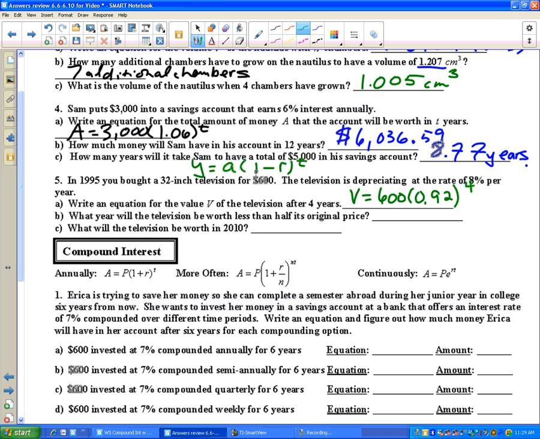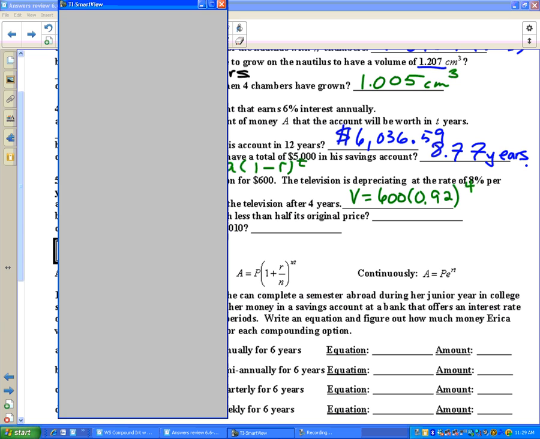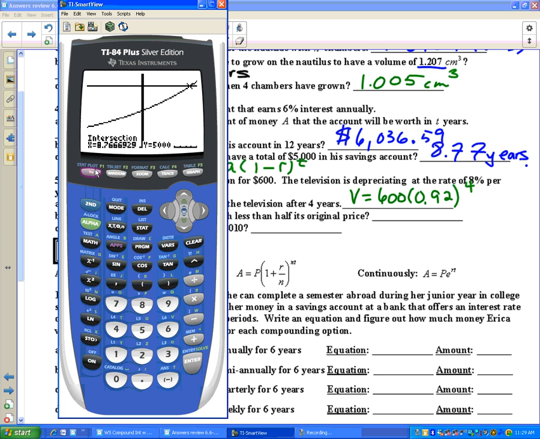What year will the television be worth less than half its original price? So there's a couple ways of doing this. I'm going to go to my calculator. I'm going to go to y equals. I'm going to plug in my current equation, 600 times 0.92 to the x power. I want half its original price. Its original price is 600, so half is 300. I can go to the table.